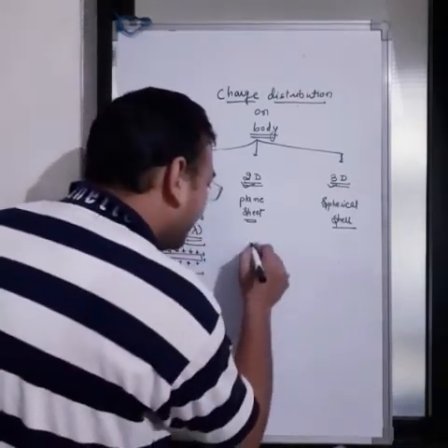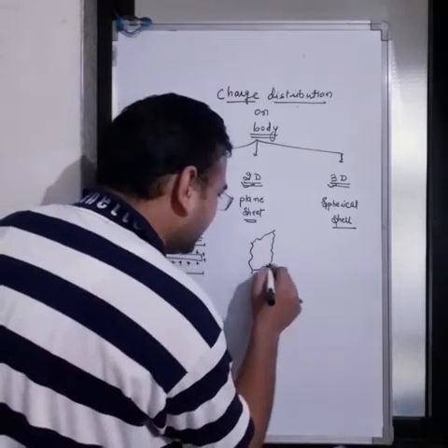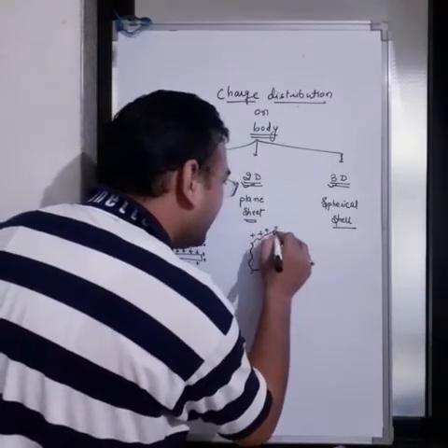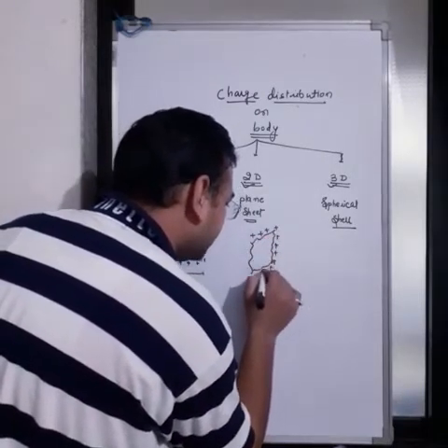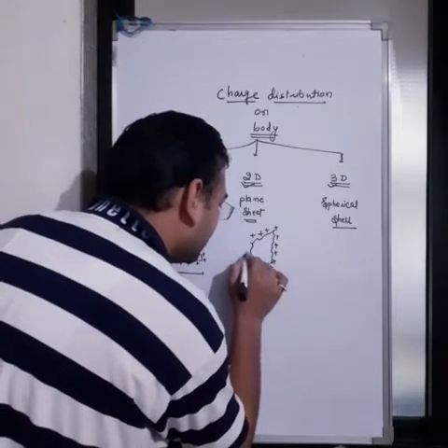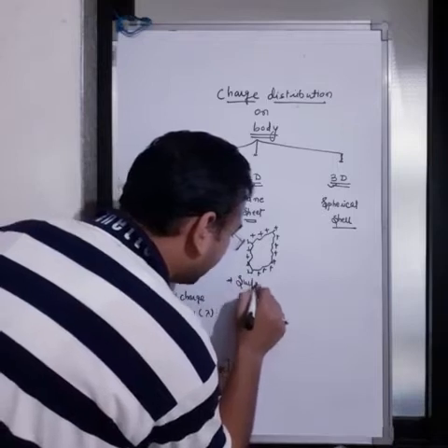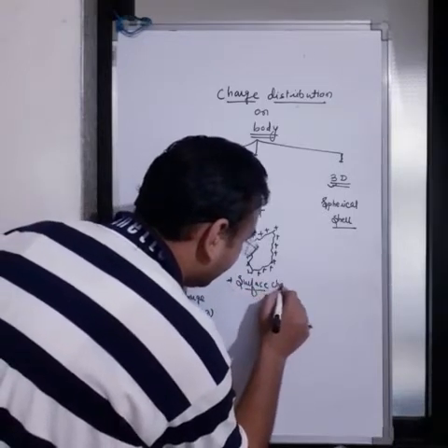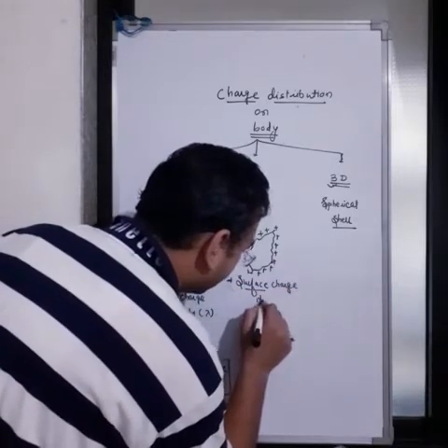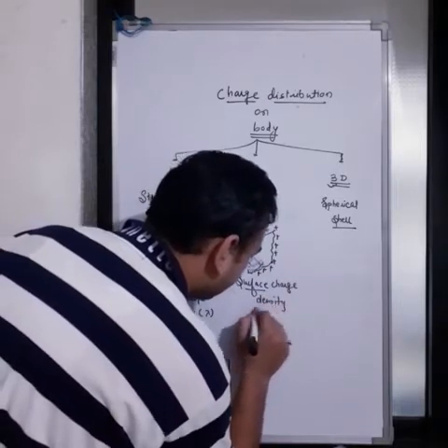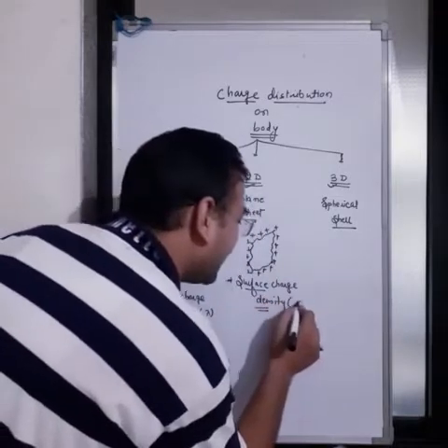Here we take any plane sheet like this. It's a 2D object. So it's called surface charge density. It is denoted by sigma.